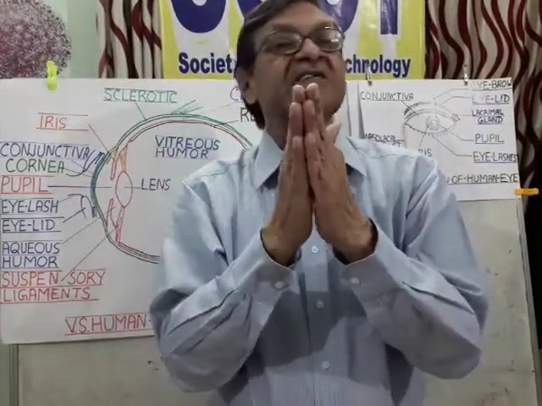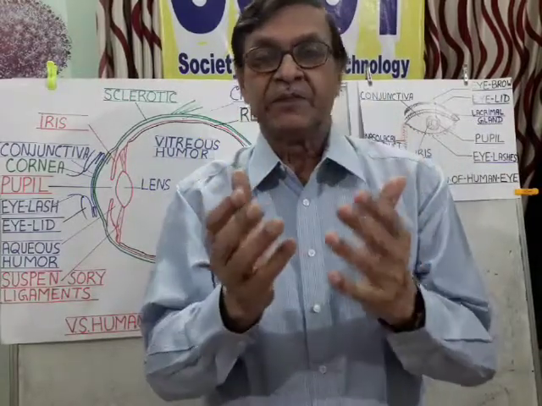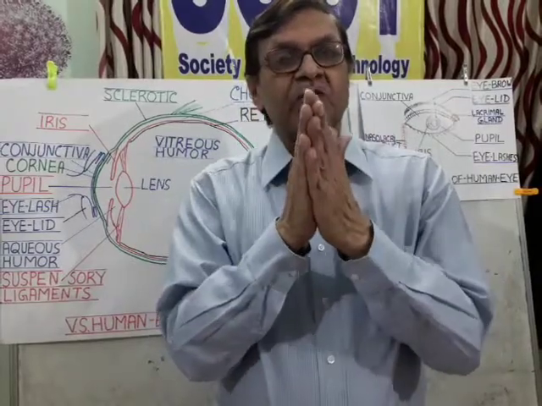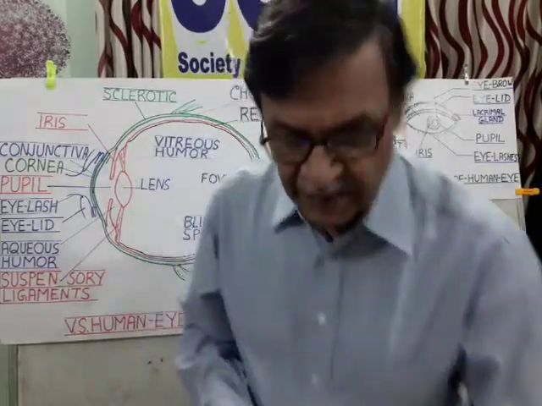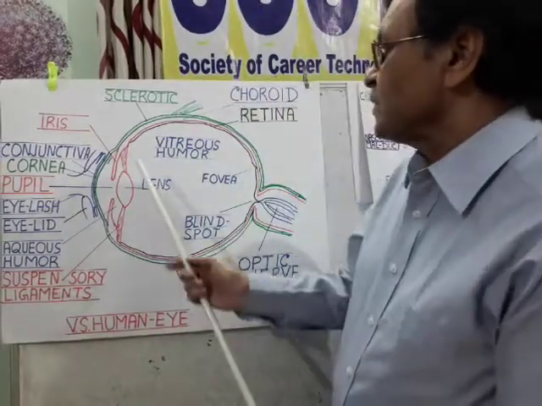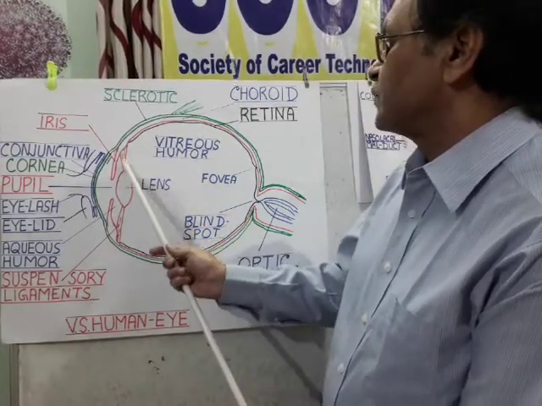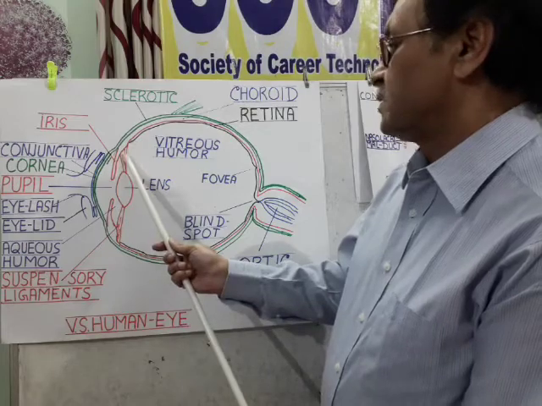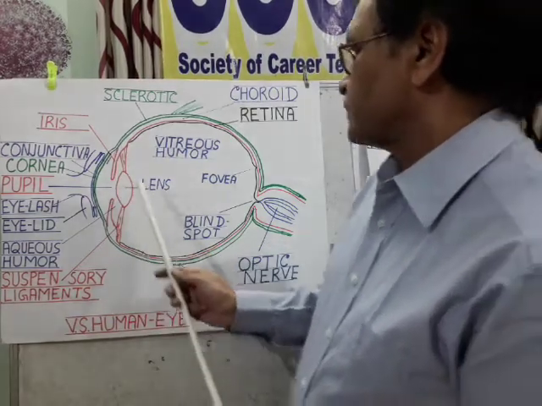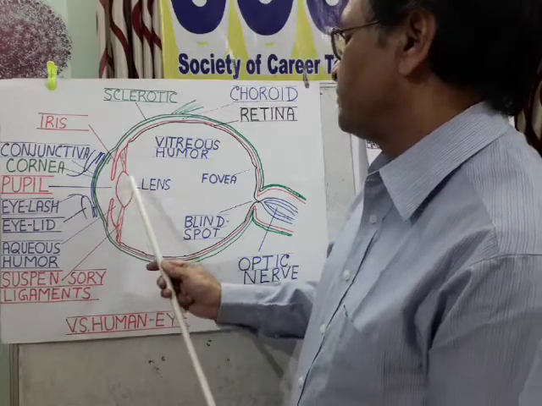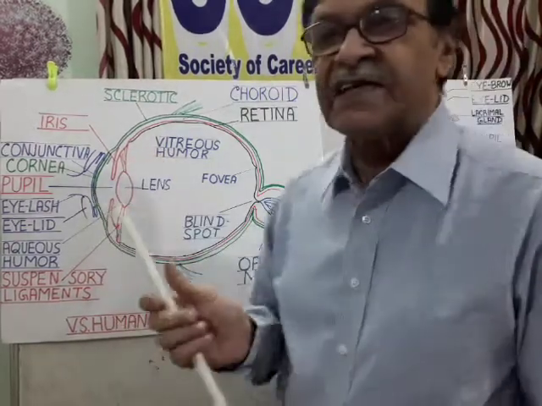And this capacity is called the power of accommodation. Sometimes in old age, this power of accommodation is decreased. A part of this choroid layer forms the suspensory ligament, which helps in holding the lens at its proper place.